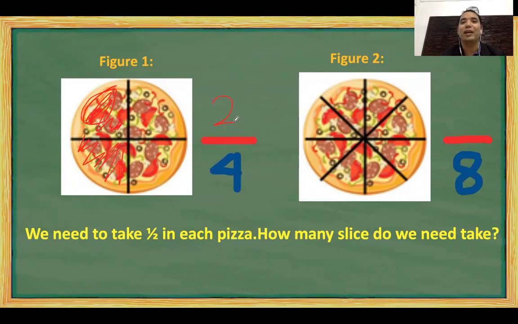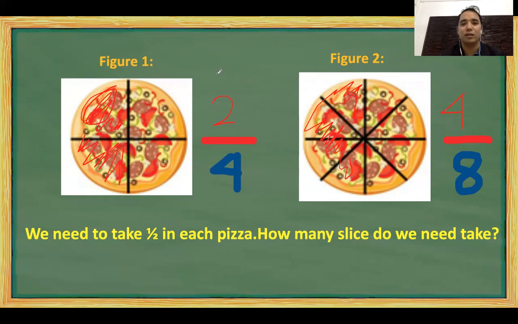So we need to take 2 out of 4 parts. Okay, so how about figure number 2? How many parts? 1, 2, 3, 4. Okay, very good. So we need to take 4 out of 8 parts, right? 4 out of 8 parts.